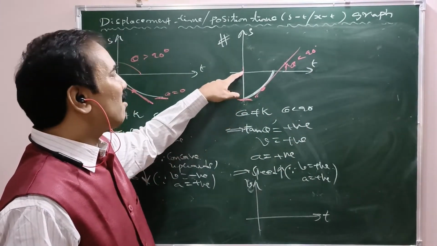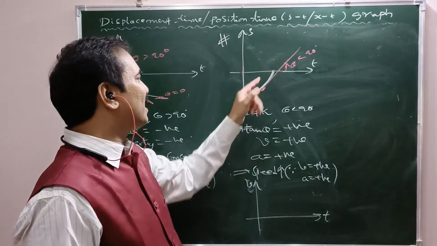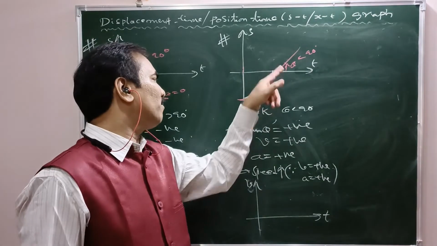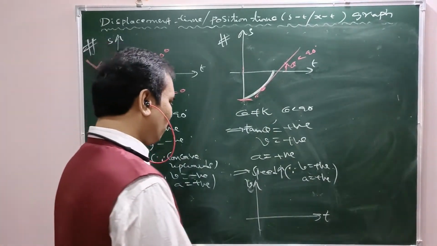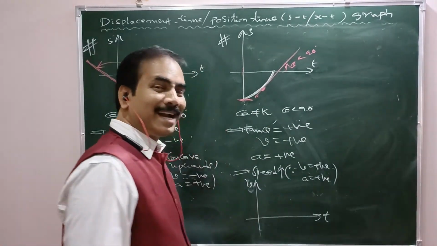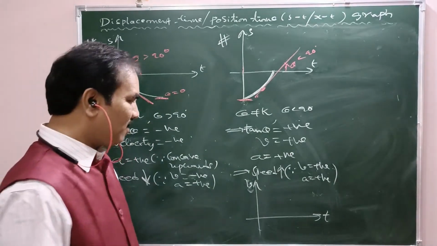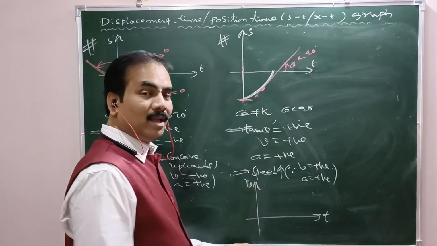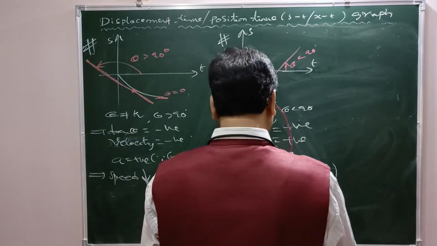Zero. Later on, the slope increases at a constant rate, because the graph is symmetrical in shape. Therefore the slope increases linearly. Slope means acceleration, and velocity increases at a constant rate.